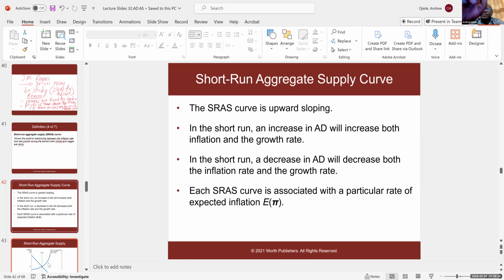So the short-run aggregate supply curve is upward sloping, meaning that in the short run, according to Keynes, changes in aggregate demand can increase both inflation and the growth rate. Remember, classical economists do not believe in the short run. In classical theory, we only have one supply curve, the long-run aggregate supply curve.